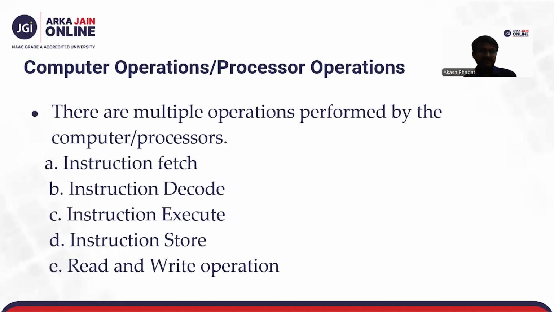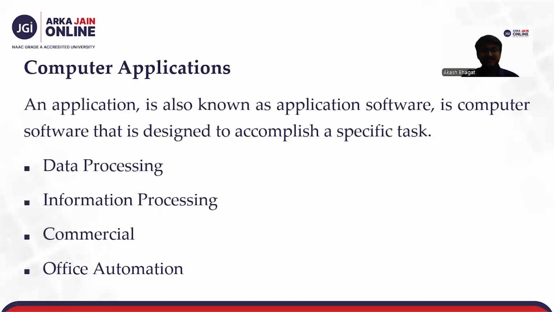So we have to write our data in the memory, and once we have written and saved it, we can easily retrieve, or read, the data. So this is all about the computer operation and the processor operations. That was very important. Later on, with these operations, we have to work on parallelization and the pipelining architecture.